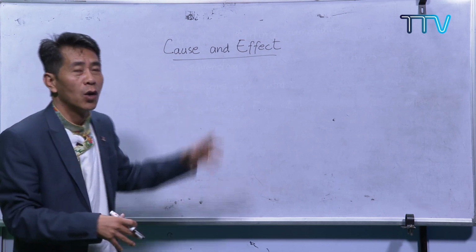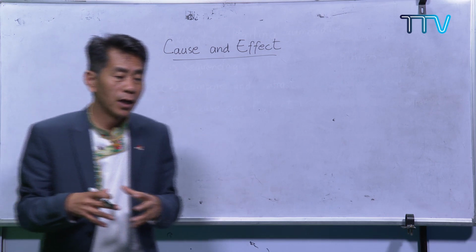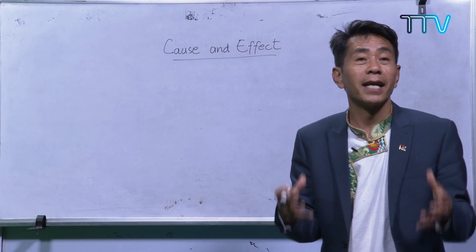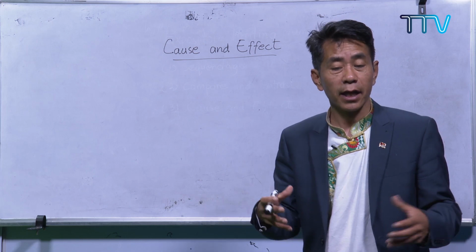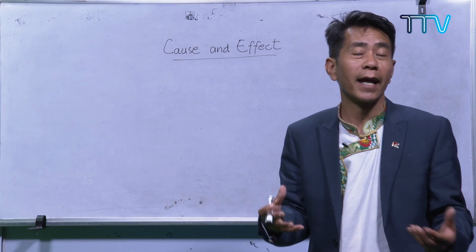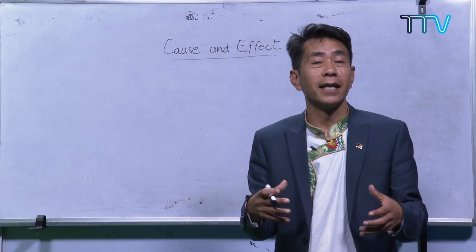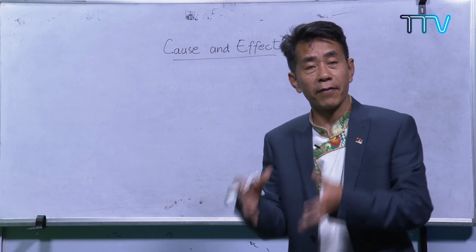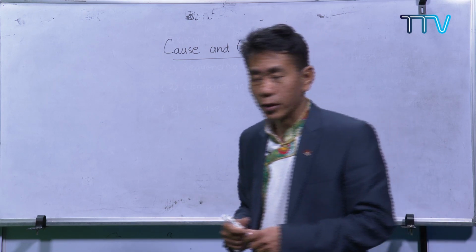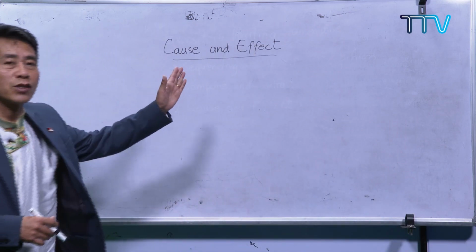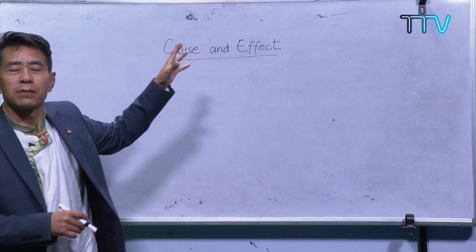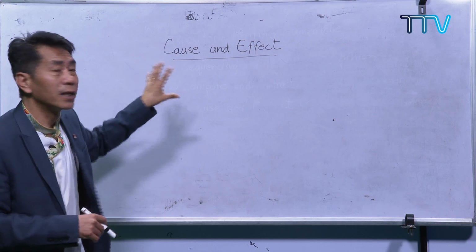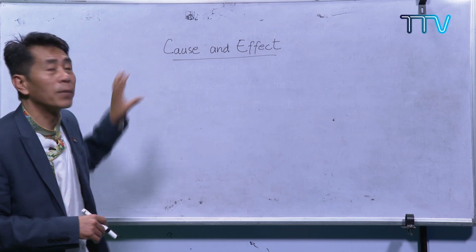Whatever kind of result we have, if you look at how that result comes, there are so many causes. If you are aware of your causes and effects, then it will make some difference in the decisions that you make. According to the cause and effect, you make your own decision. If the effect is good, then you work on that. If the effect is bad, then you try to shy away from that thing.